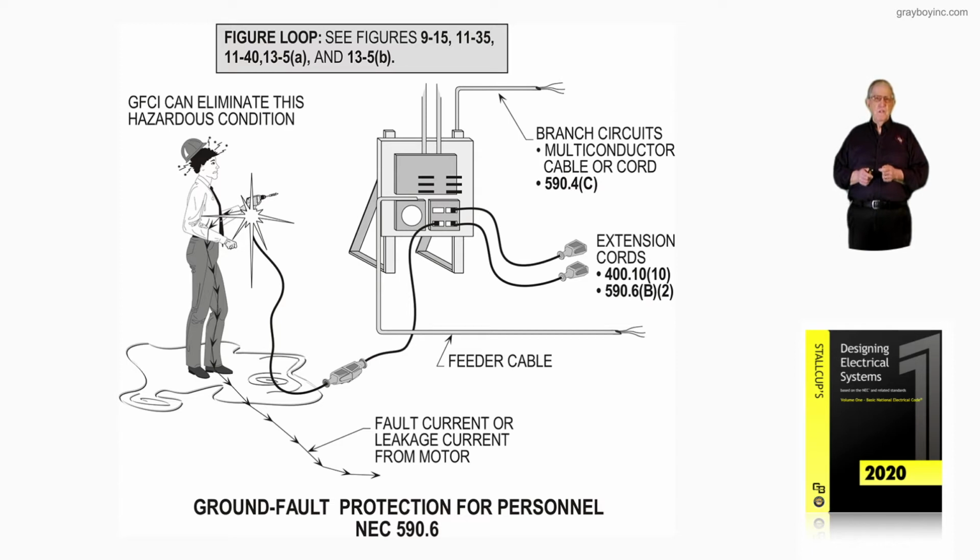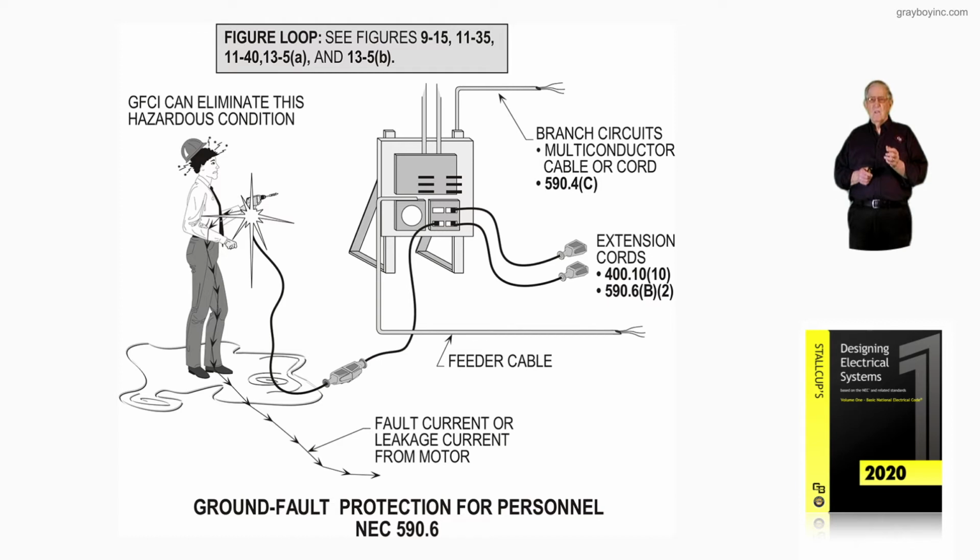And notice 210.8A deals with GFCI protection for residential. 210.8B, as in boy, deals with GFCI protection for commercial and industrial type locations. But notice it's plainly stated above that individual that GFCI can eliminate this hazardous condition.